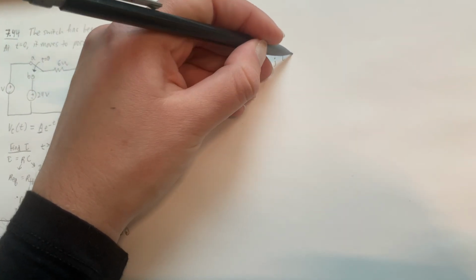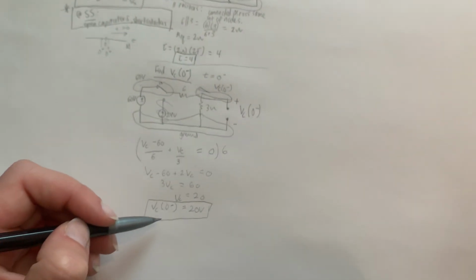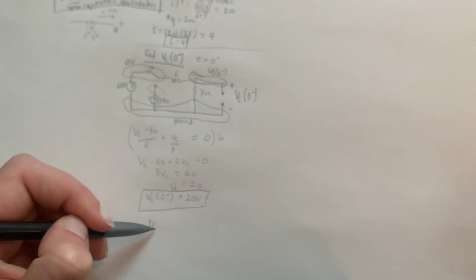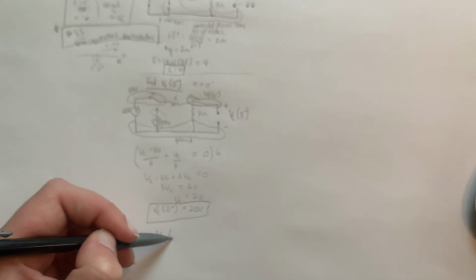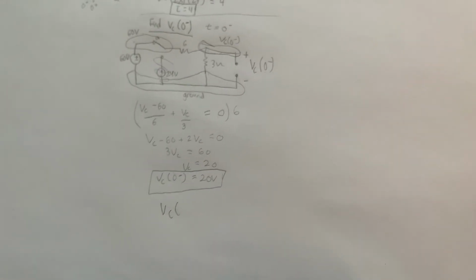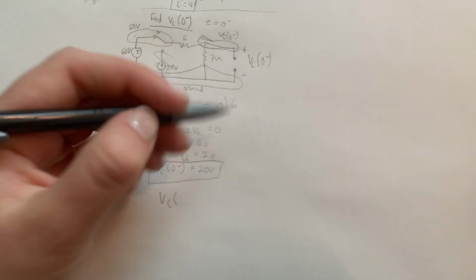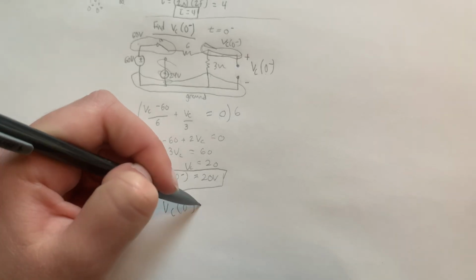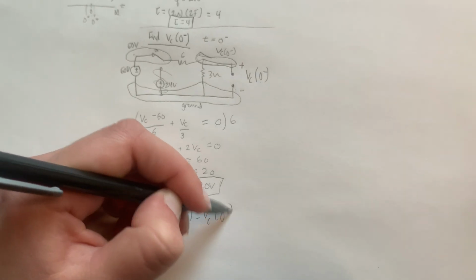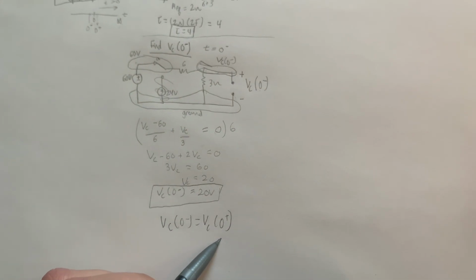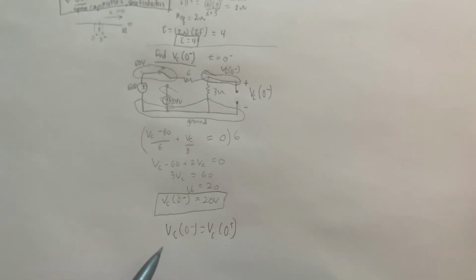This equation is for time greater than 0. And the initial condition I found was for 0 minus, but recall that VC 0 minus is equal to VC of 0 plus. It's just that we couldn't solve for this, again because of some theory, but we can solve for this.